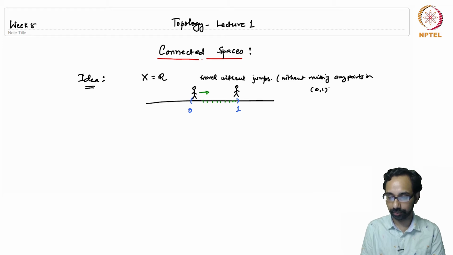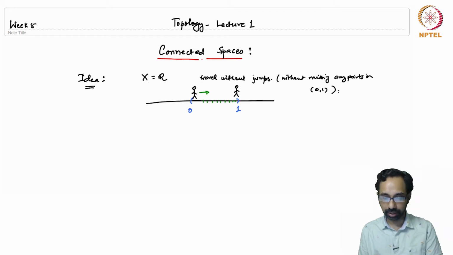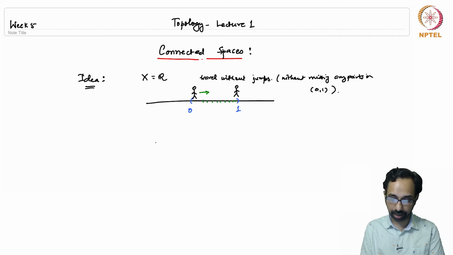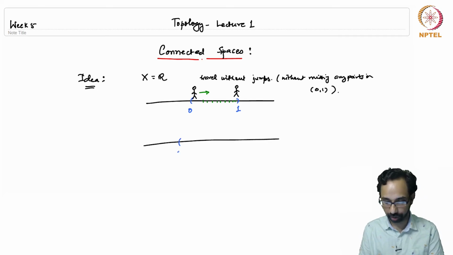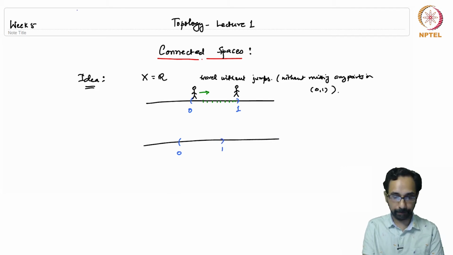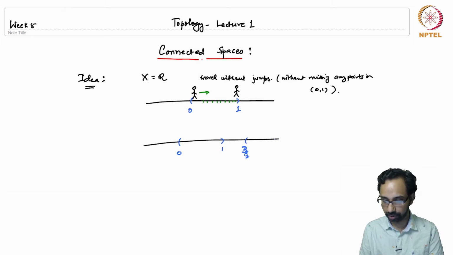So the other case is when you have, let us say, two open intervals, (0,1) and let us say another open interval (3/2, 2).